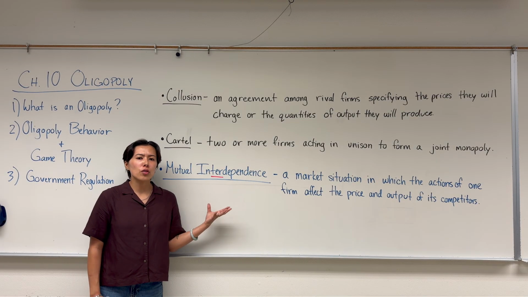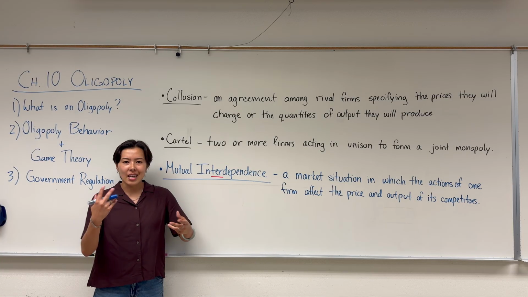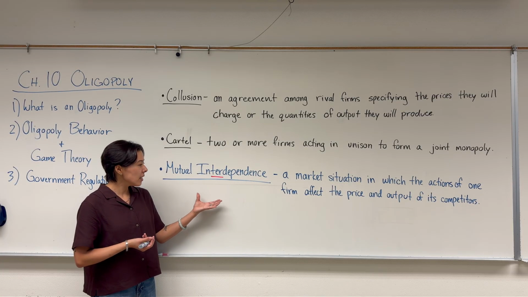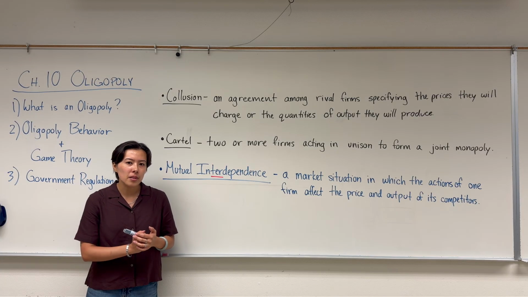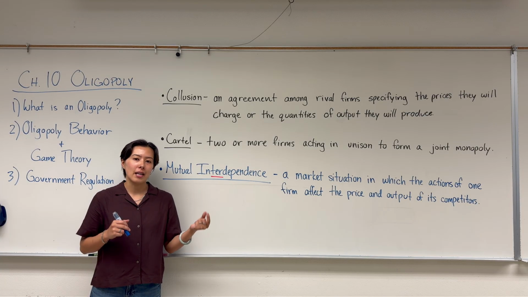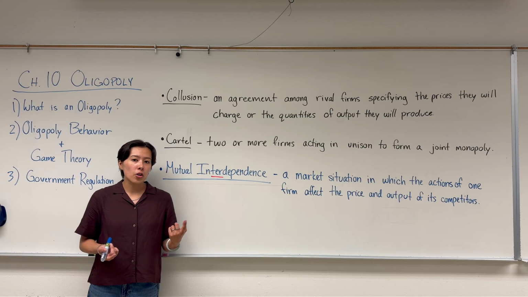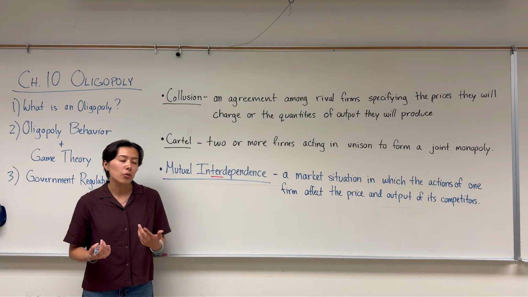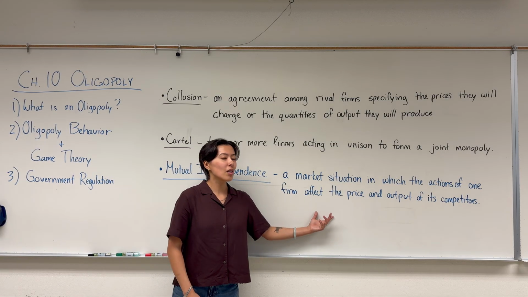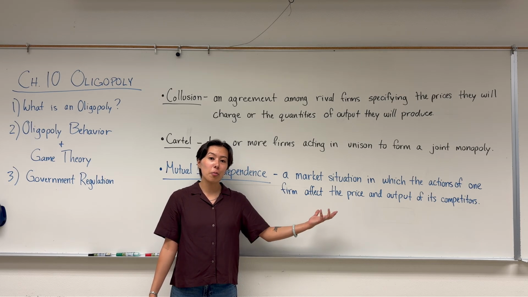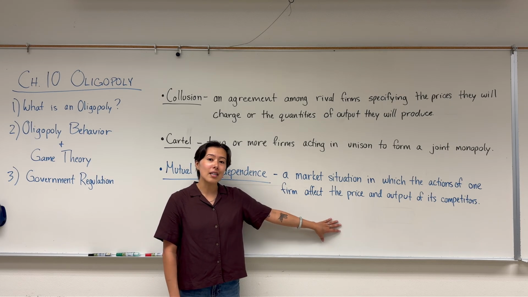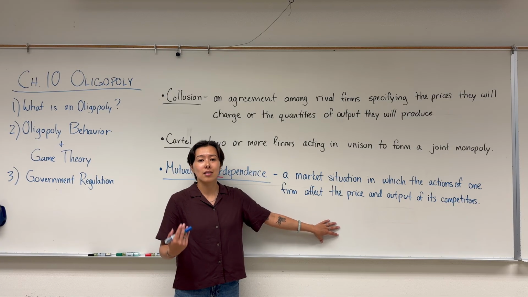So this key feature of oligopoly that we've kind of been dancing around and talking about without naming it is that firms in an oligopoly are mutually interdependent. This means that the actions of one firm affect the decisions of their rivals. So when Coca-Cola decides to change its level of output, this impacts the prices and quantities that Pepsi can sell.